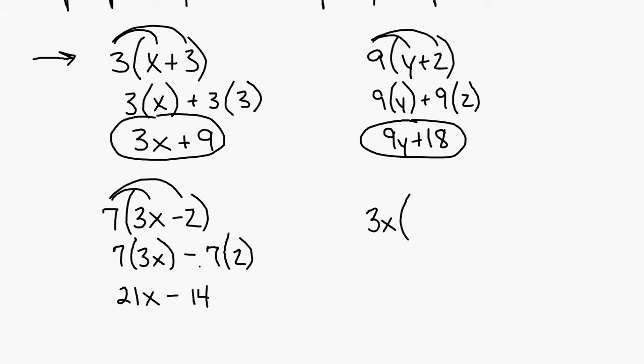Don't make that a regular 3 on the outside, not a 3x. 3 times 5x minus 7. Again, that's a 3 times a 5x.